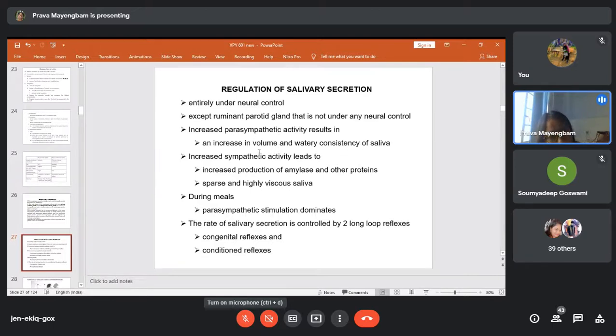When the volume is increased, the consistency will be less, so it will be watery. While when there is sympathetic activation, it will increase the production of amylase and other proteins, and due to the presence of the proteins, the volume will be less.